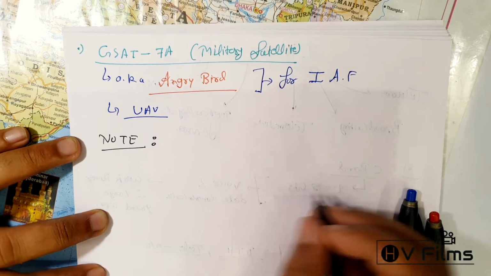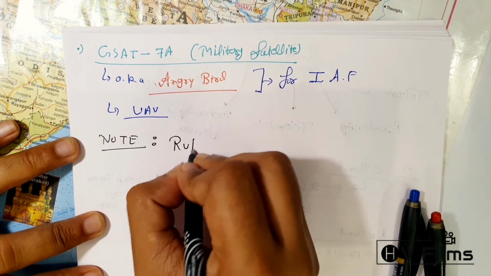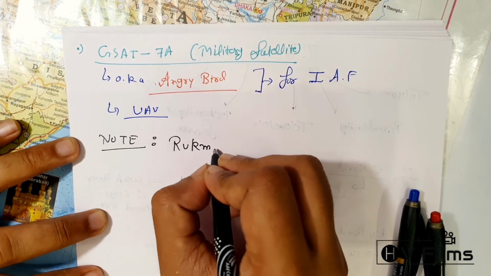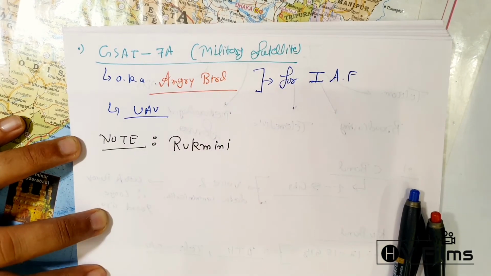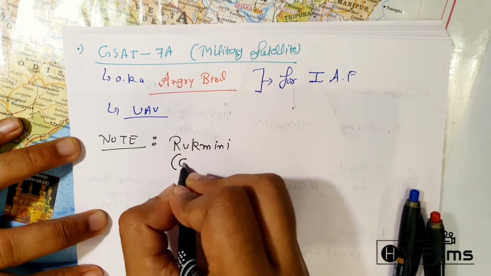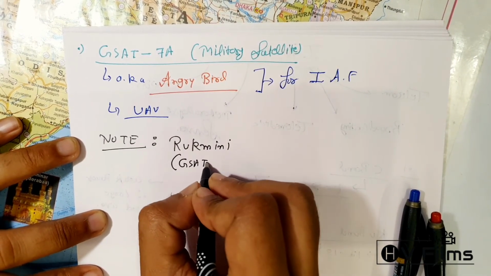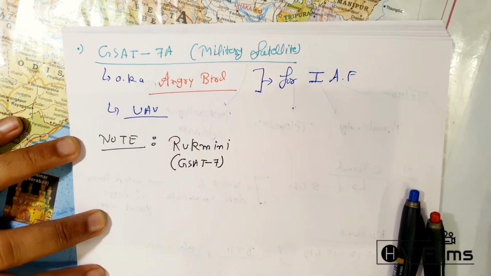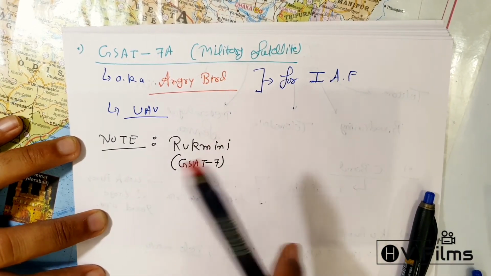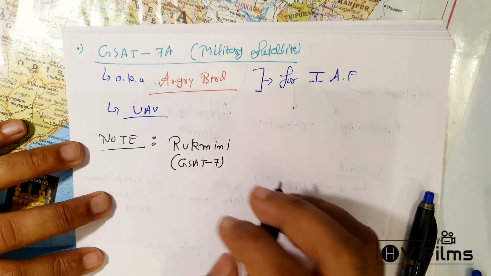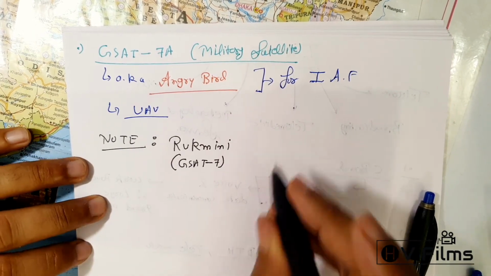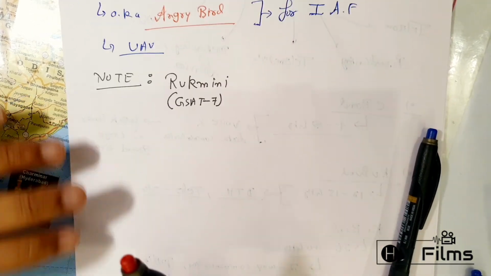Earlier we were using Rukmani, which is also called the GSAT 7. This was used by the Indian Air Force, but now GSAT 7A would be the next one. So remember these things, they can ask you these things.